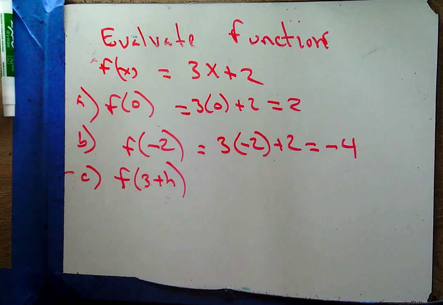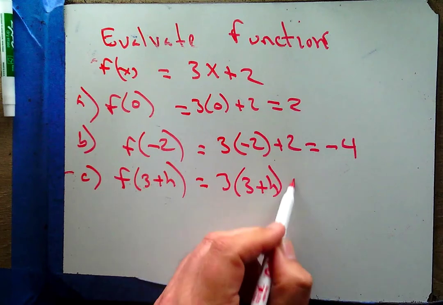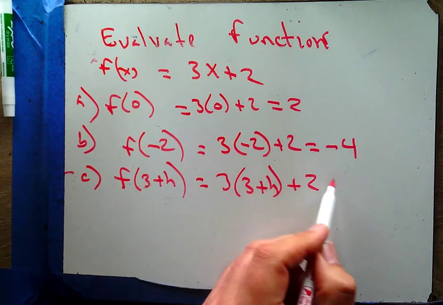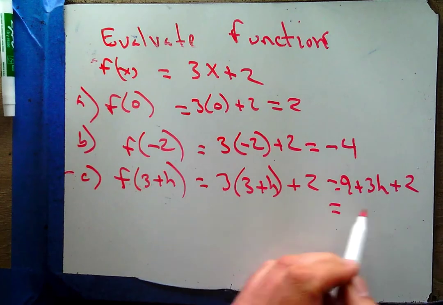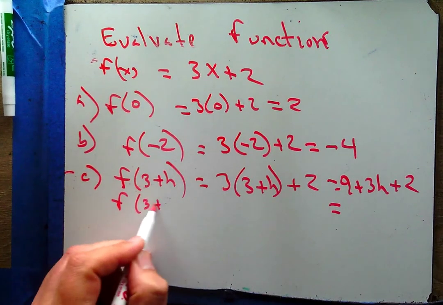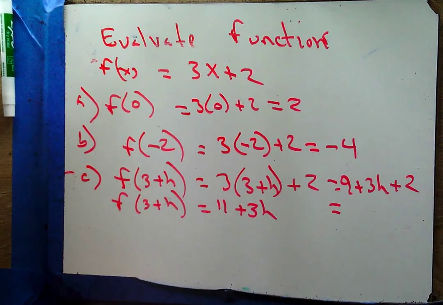Oh, okay, so that's 3 times 3 plus h plus 2. That's going to be 9 plus 3h plus 2, or f of 3 plus h will be 11 plus 3h.